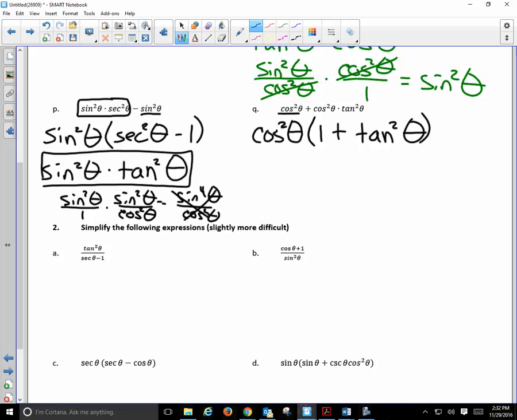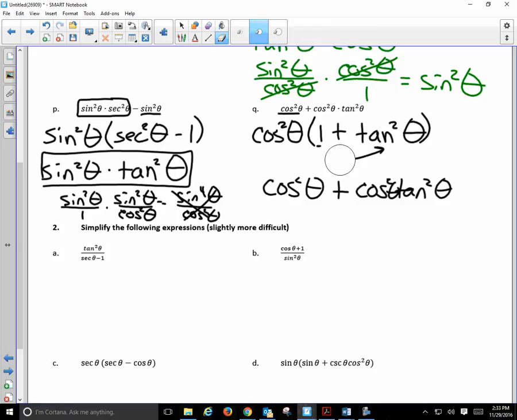If you were to distribute this through, cosine squared times 1 is cosine squared. Cosine squared times tangent squared is cosine squared tangent squared. So that gives me exactly what I have here, right? So it doesn't disappear. There's a 1 in front of there. But that's why we end up with 1 plus tangent squared.